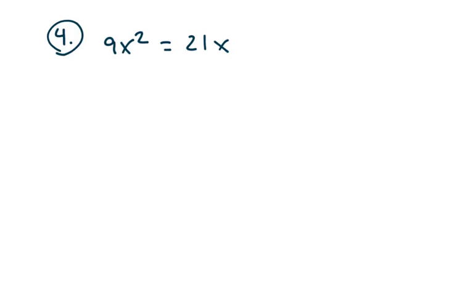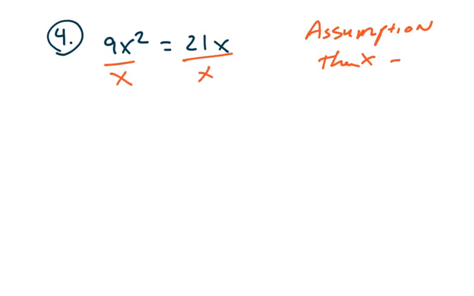Now, one thing I want to stress here, you cannot divide through by x. And the reason why you can never do this is you're making an assumption when you do this that x does not equal 0, right?